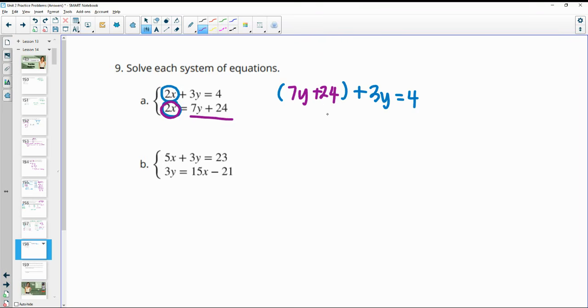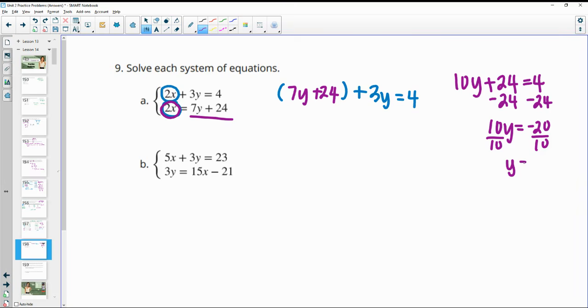So 7y plus 3y is 10y, and then we have that 24 equals 4. So we'll subtract 24 from both sides, and we get 10y equals negative 20. Divide by 10, and we get y equals negative 2.